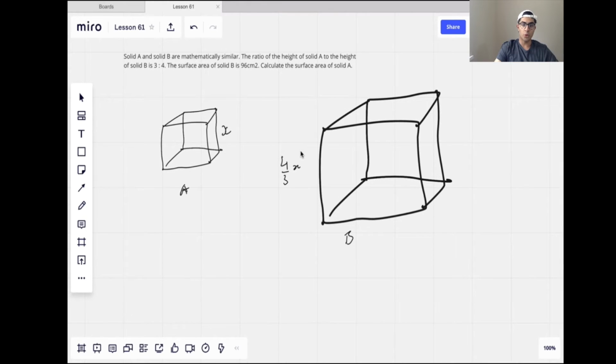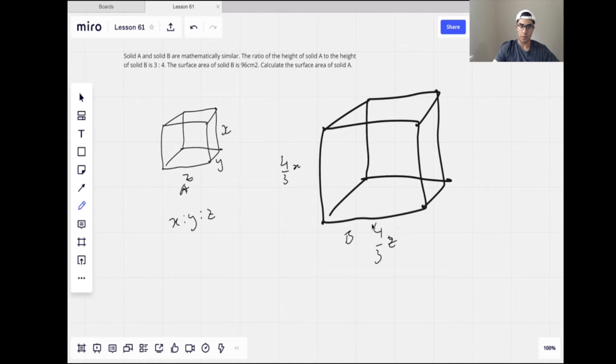And we also know that if we label the lengths x, y, and z, the ratio of x to y to z here is the same as the x to y to z ratio here. For that ratio to work, if you multiply x by 4 over 3, you have to multiply the others by 4 over 3 too, so this becomes 4 over 3z, and this becomes 4 over 3y.